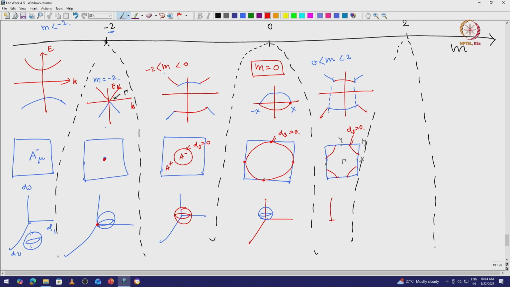Okay, and now m equal to 2, you will again have a degeneracy. Now the degeneracy will be at M point, but this guy is going to shrink to this point, right.